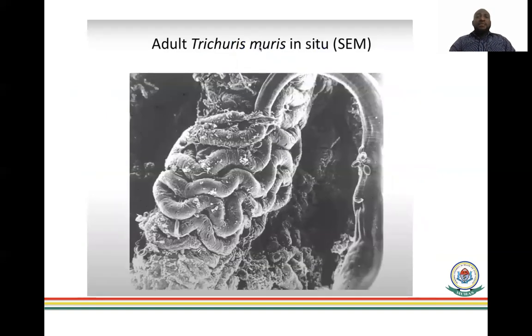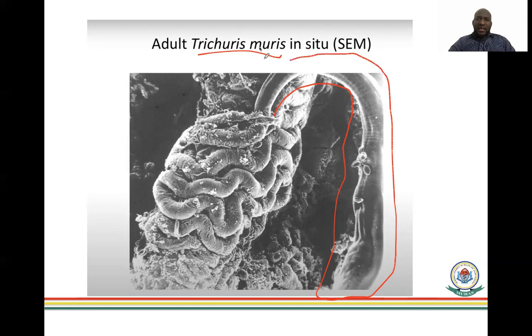So this is an example of another Trichuris, but this is Trichuris muris. This is for research purposes. It can be used for infection in mice, demonstrating how they would infect. I'll orient you. What you see here, this structure, is the posterior end that is thicker.